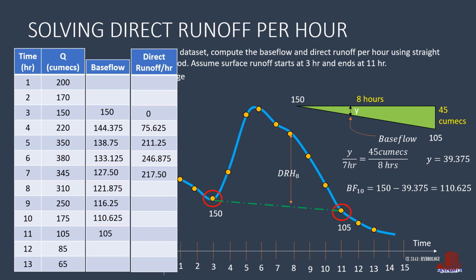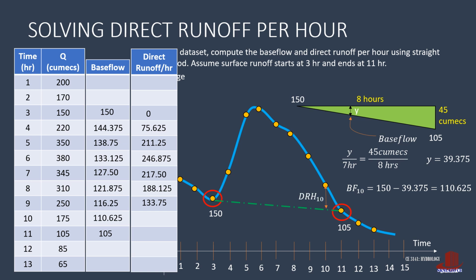On the 8th hour, the DRH is computed as the difference between the discharge of 310 and the base flow of 121.875, giving 188.125 cumex. The 9th hour has a DRH solved from 250 minus 116.25, which yields 133.75 cumex.